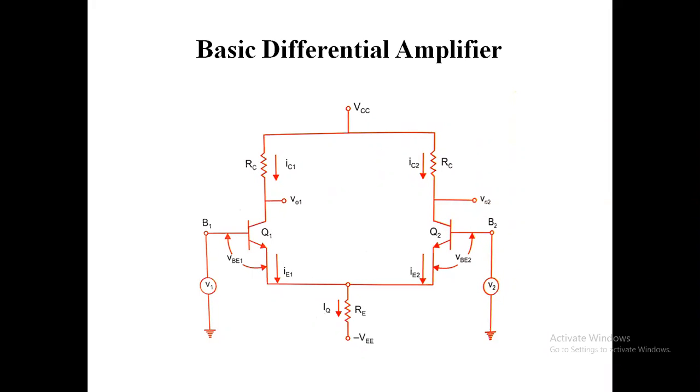In this discussion, we will discuss an amplifier which has a very high input impedance. This particular differential amplifier will have very high input impedance, and here we discussed various characteristics of the practical amplifier.